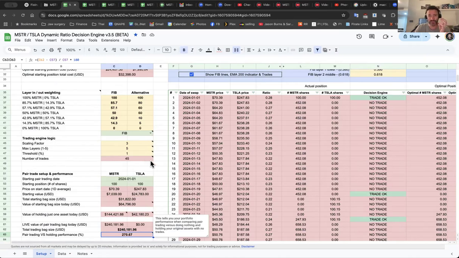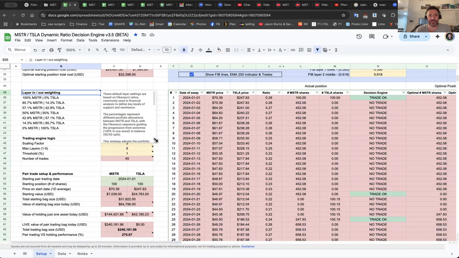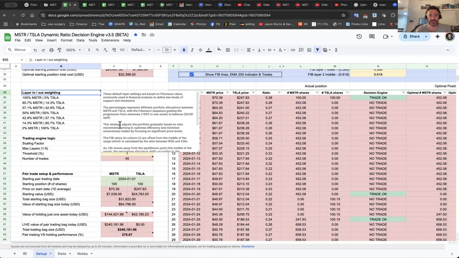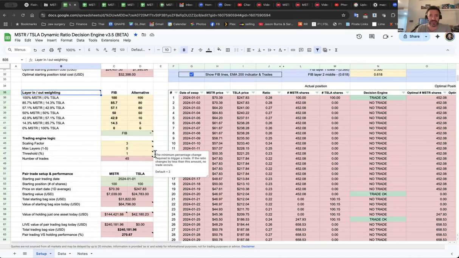So some of these settings are not exactly very clear to me what they do, but I'll try and explain them as best I can. And I've also added some information in here so you can read through this and try to understand what it's doing on the back end. Some of them are clearer than others.